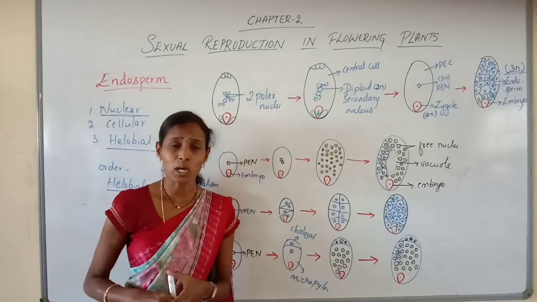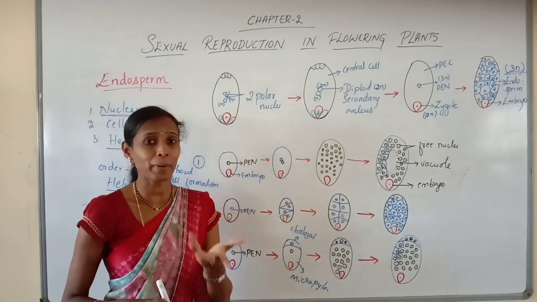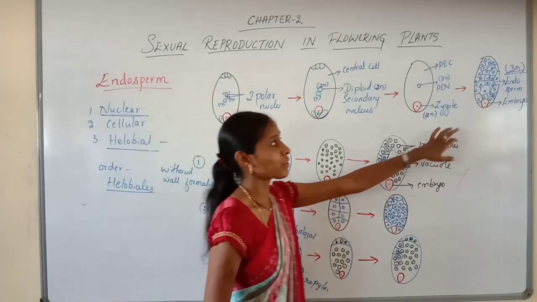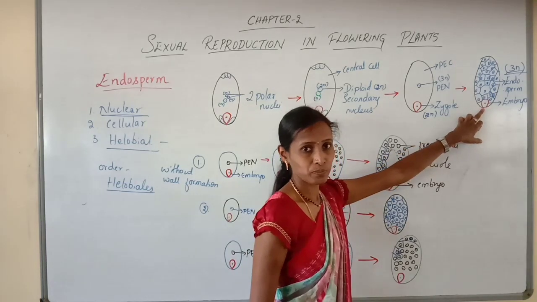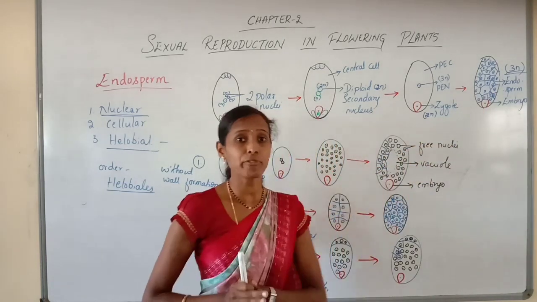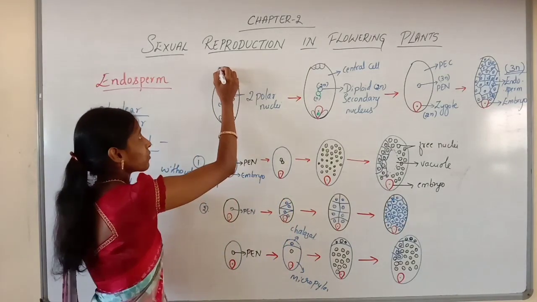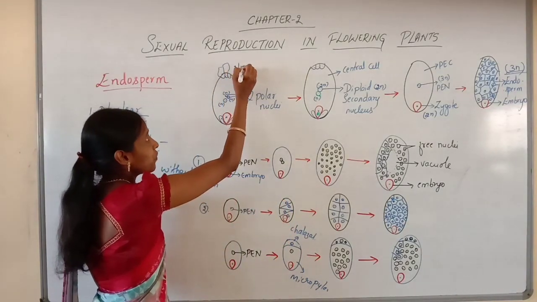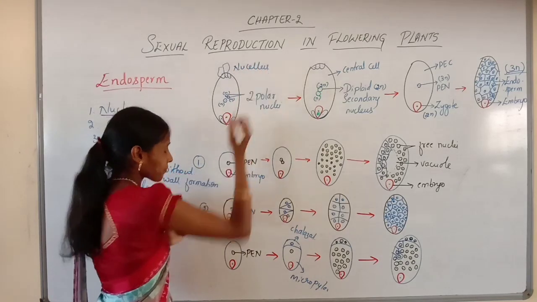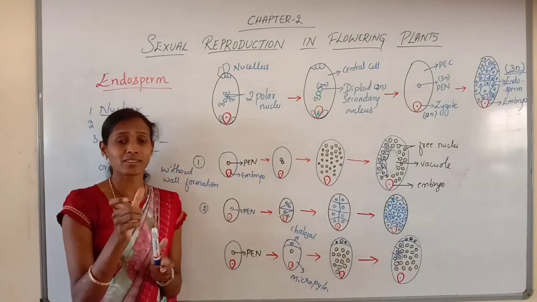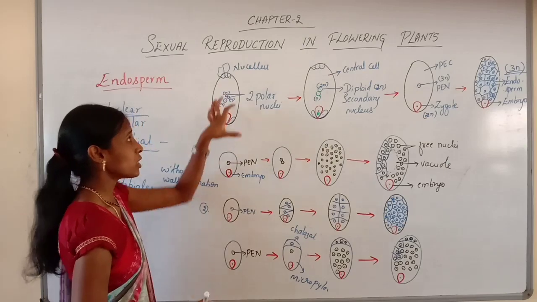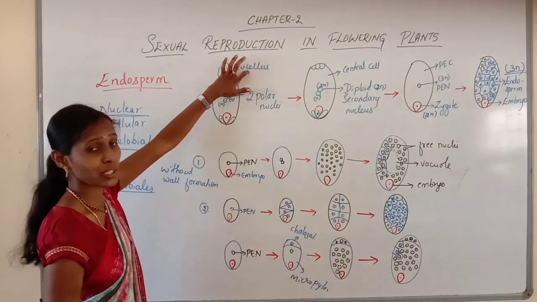Then what is the importance of endosperm? What happens to the endosperm during the development of the embryo? When you observe the structure of the ovule, around the embryo sac there is a nutritive tissue called the nucellus. You may know this in the anatropous ovule. So the embryo sac is present within the nucellus.